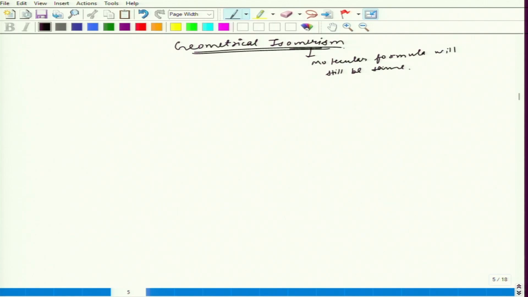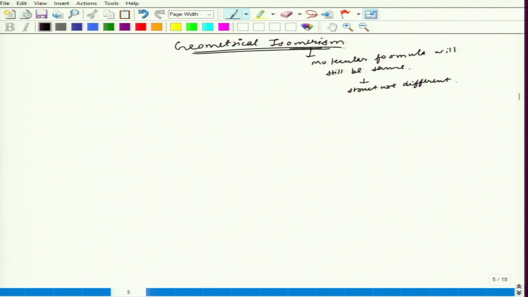What will be the difference? The structures will be different, and how the structure will be different from normal structural isomerism, that we will discuss in this class.